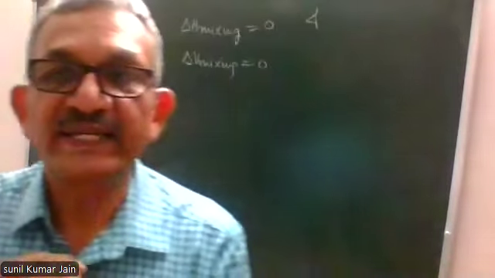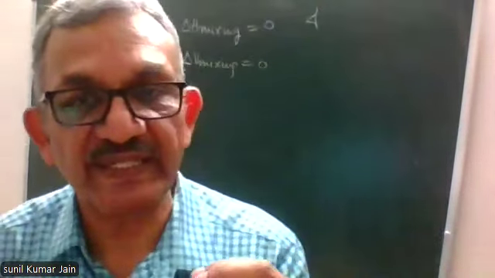The second part is delta H mixing is 0. It means when we mix two liquids A and B, if the solution is ideal, there's no enthalpy change. Why is enthalpy change 0? Look here.